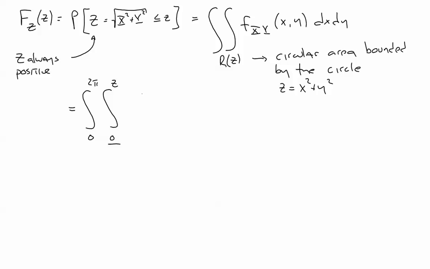Continuing with my integral, my integrand is 1 over 2 pi sigma squared e to minus r squared over 2 sigma squared r dr d, not sigma, d theta. All right, we're talking polar coordinates here, so r squared equals x squared plus y squared in polar coordinates.